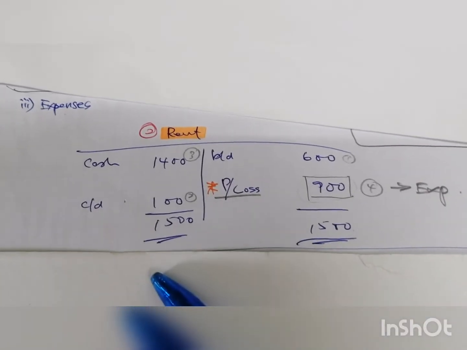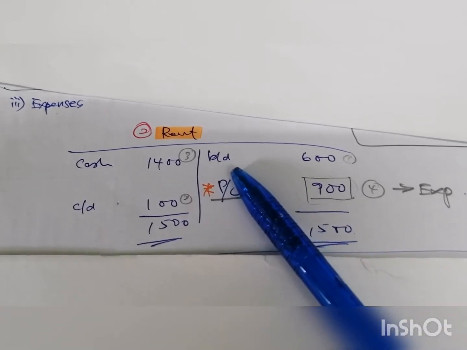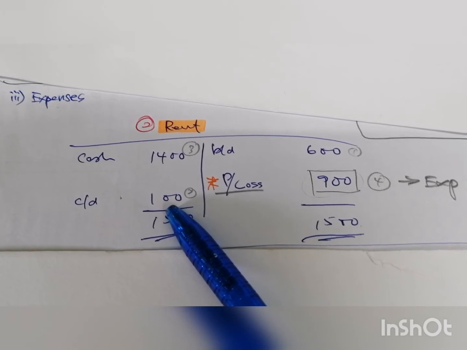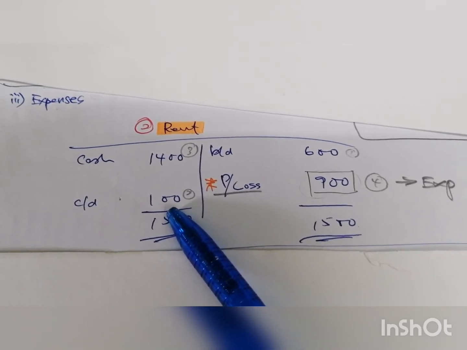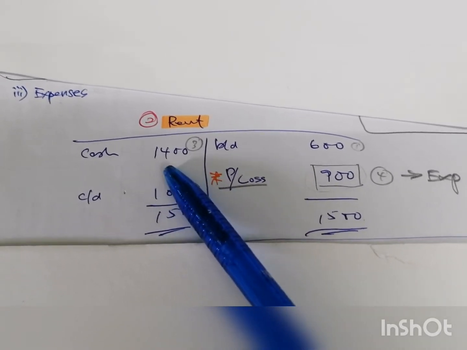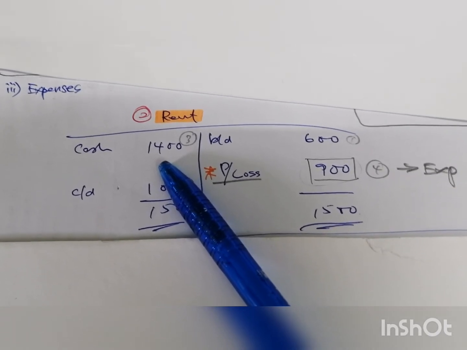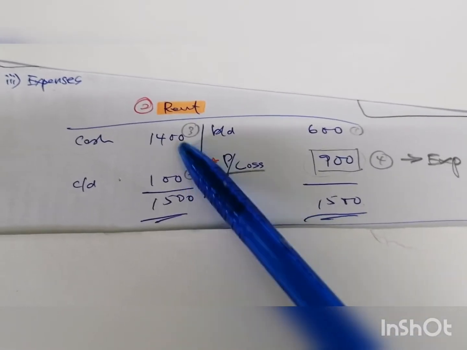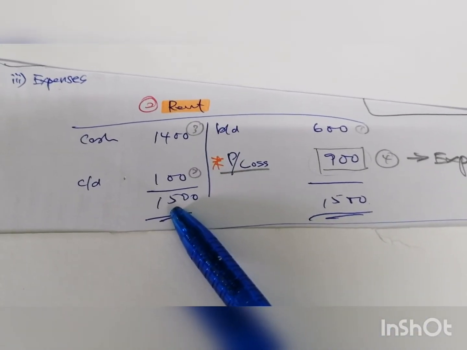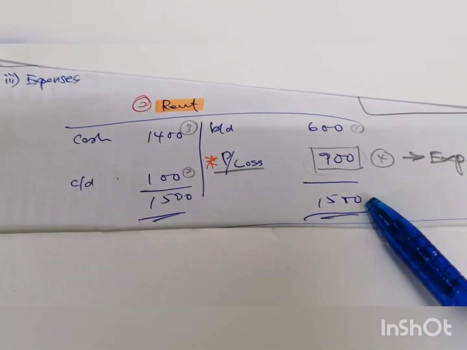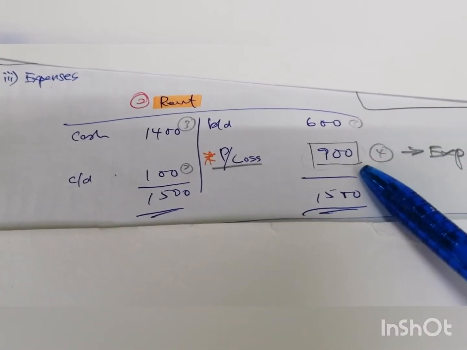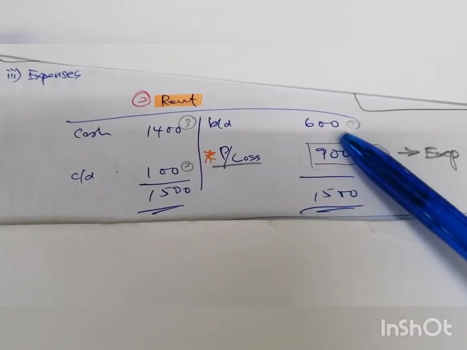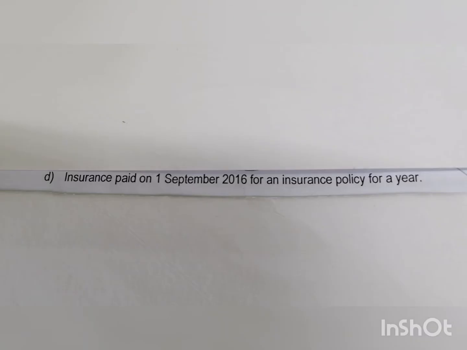As the information given, the balance brought down is 600 and the balance carried down is 100. So the cash paid for the rent is 1,400. Therefore, when you calculate this one, you got 1,500. So 1,500 minus 600, you got your profit or loss here 900. This 900 is an expense.